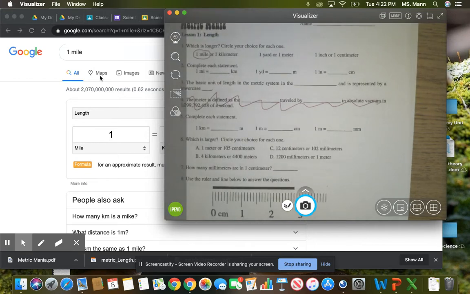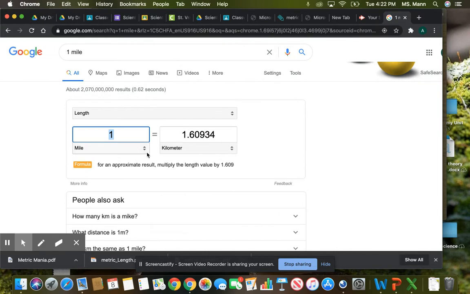Now, circle your choice, which is longer, 1 yard or 1 meter, right? So we're going to switch this from yard, and then we're just going to go down to meter. 1 yard is 0.9144 meters, right? So it's not equivalent because then it would be 1 yard equals 1 meter. That's just not true.